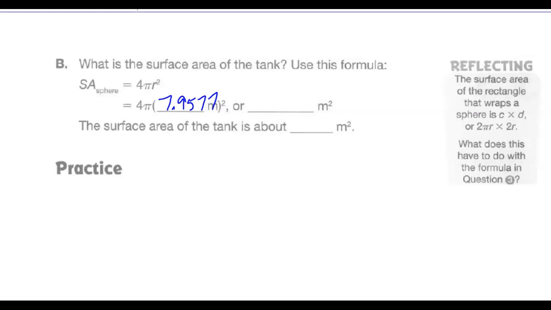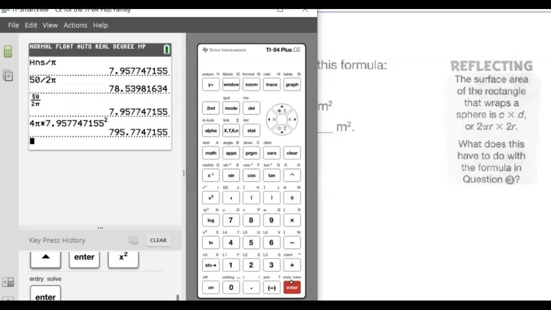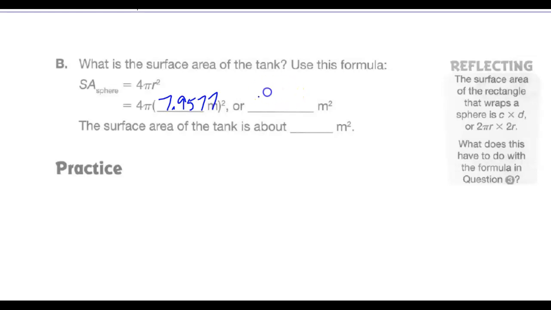In our calculator, we can go 4 pi times, and you can copy it or just use 4 decimal places, squared, and it's 795.7747. Rounding that, that's basically 796 meters squared.